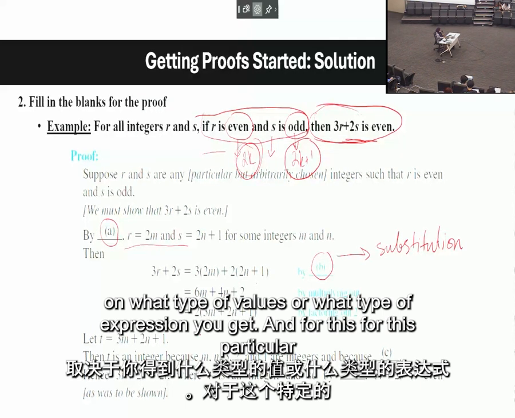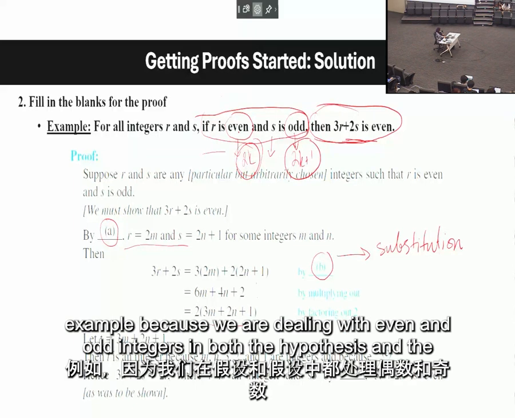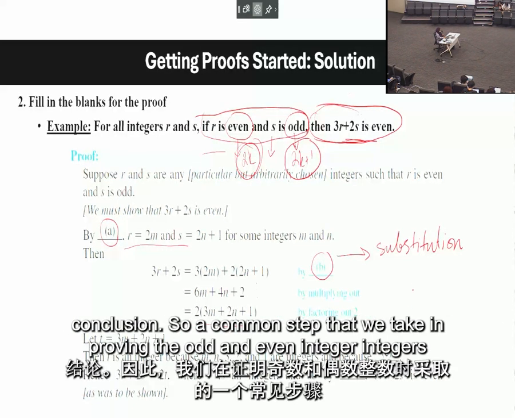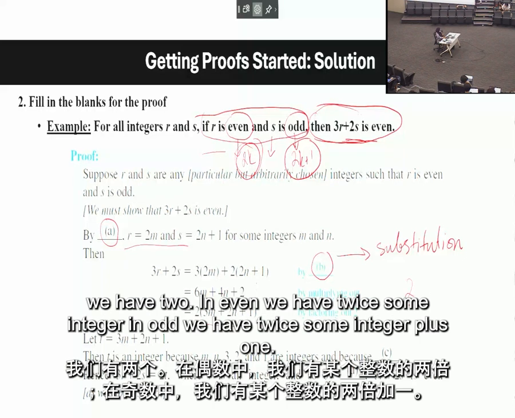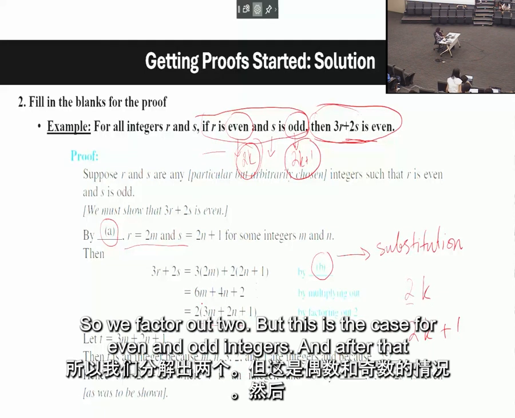For this particular example, because we are dealing with even and odd integers in both the hypothesis and the conclusion, a common step that we take in proving statements about odd and even integers is to factor out 2. Why? Because in the definitions of both odd and even integers we have 2. In even we have twice some integer, in odd we have twice some integer plus 1. So we factor out 2, but this is the case for even and odd integers.